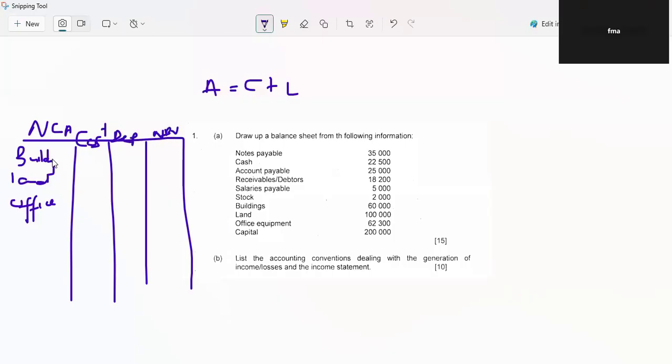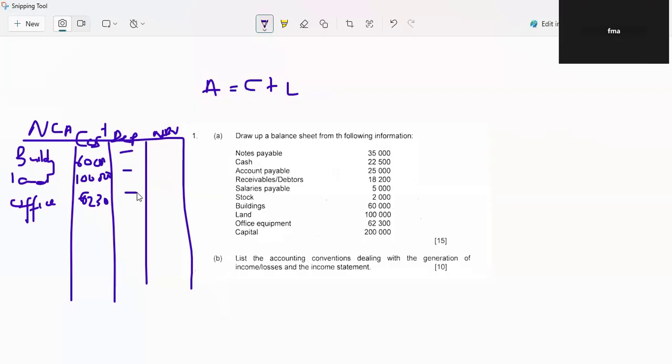What is the cost for the building? 60,000. Land, 100,000. Office equipment, 62,300.